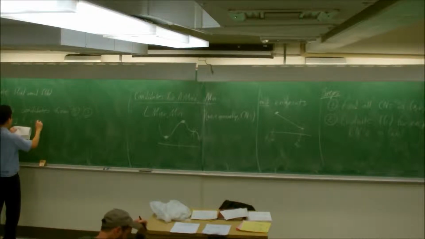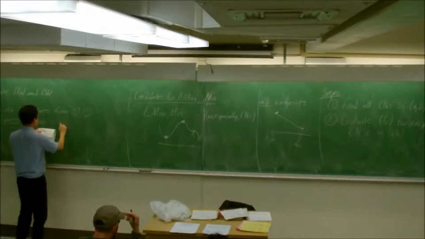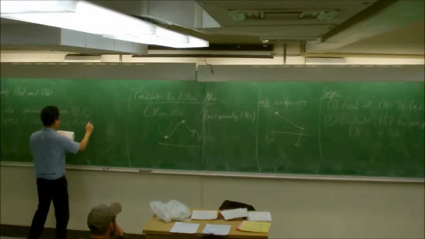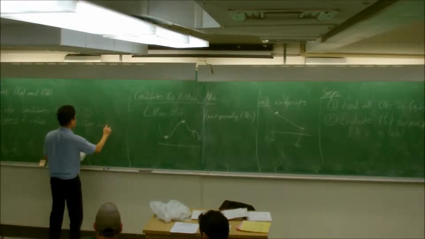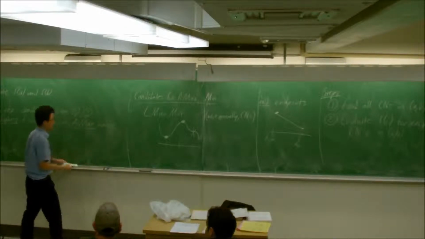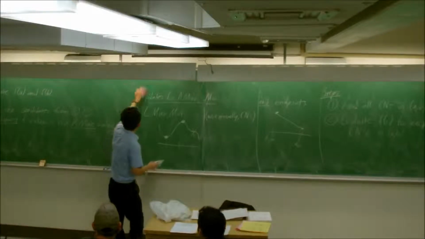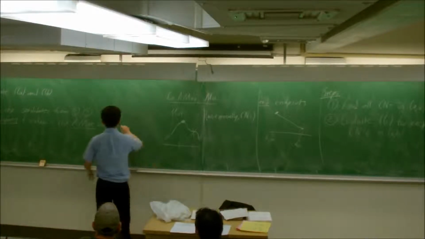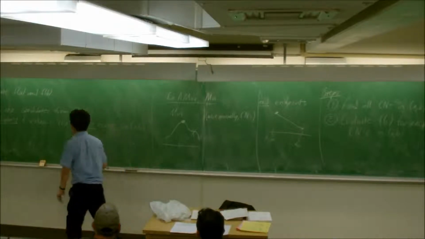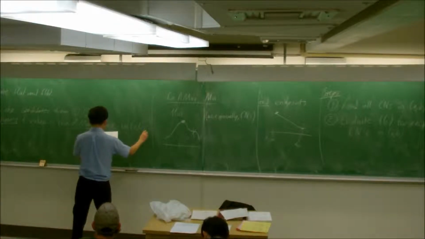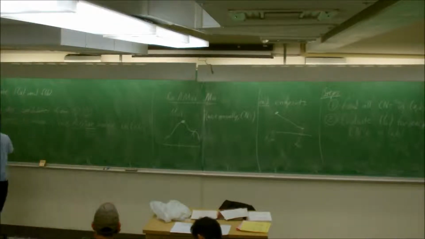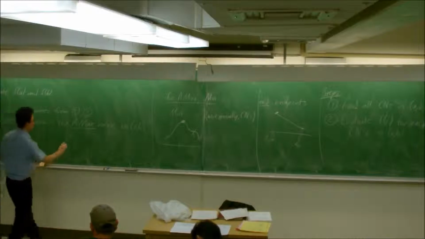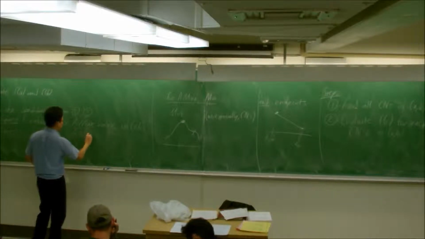The highest f value is the absolute maximum value in context on that closed interval, and the lowest f value is the absolute min value on the interval.